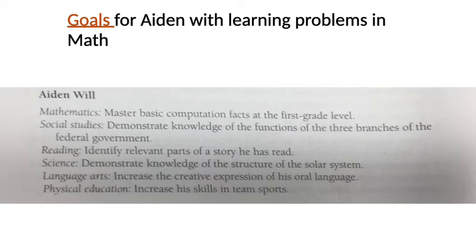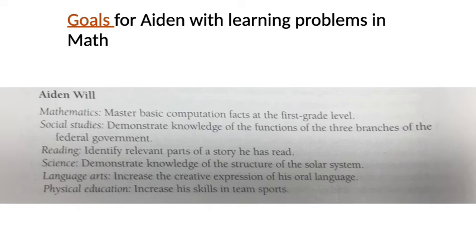So generally, goals are described broadly across states. For example, in mathematics, you can say Aiden will master basic computation facts at the 1st grade level. You can tell it's very broad, it's not very measurable, right?